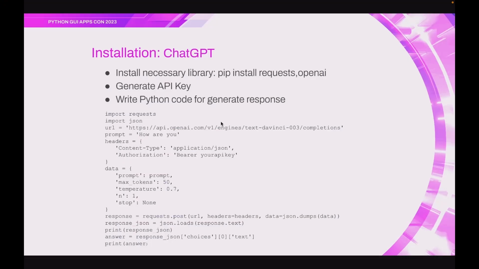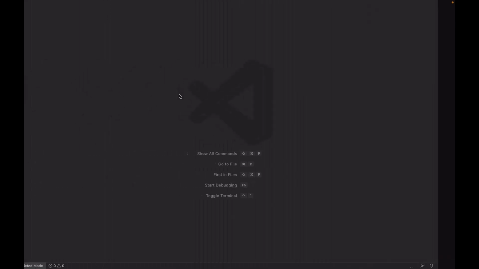Installation of ChatGPT. First we will install the necessary libraries, requests and OpenAI. Then we will go to openai.com and generate our API key for ChatGPT. Then we will write simple Python code to submit a prompt and generate a response. So let's start with installation.